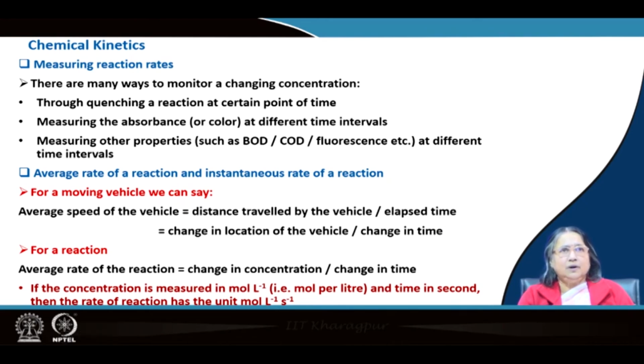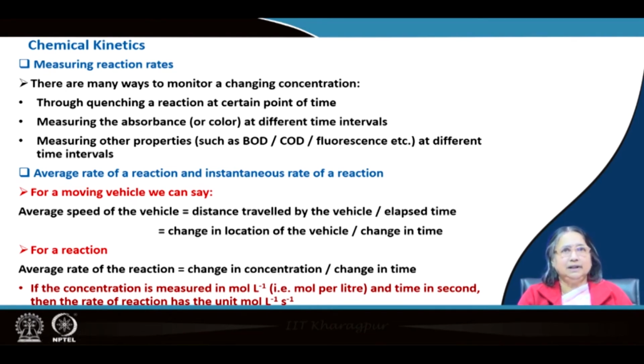So, this is for a vehicle, but how can you see the rate of a reaction? Here also the average rate comes into the picture. Say for example, you take two different times. You determine the concentration at the initial time and then at the final time, then you can see the concentration difference, and the time passed you also know.